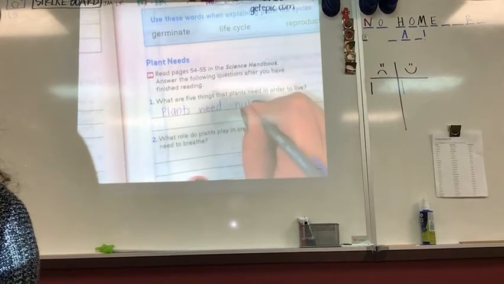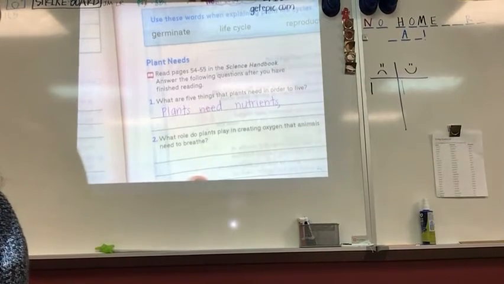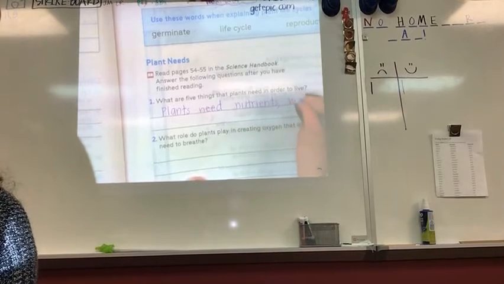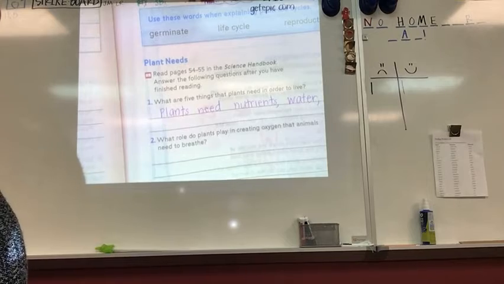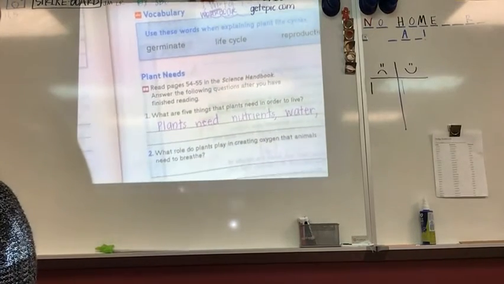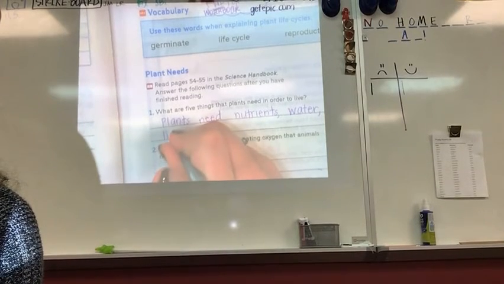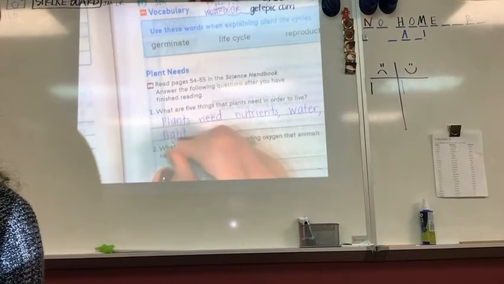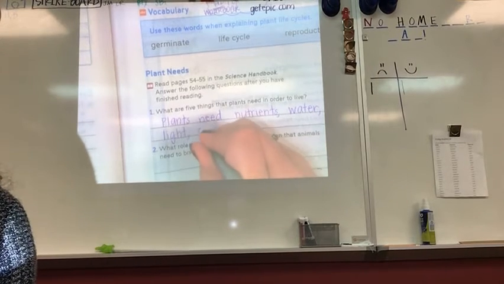Nutrients. Ellie? Water. I'm just going to separate each of these with a comma because we're going to list all 5 of them. River? It's just light. So they need nutrients, water, light. Carbon dioxide. Skylar? Carbon dioxide.